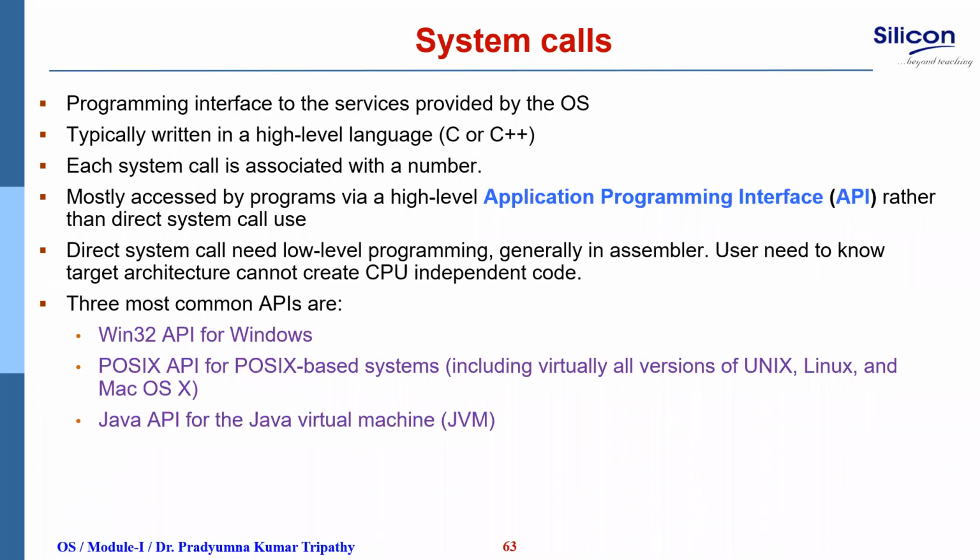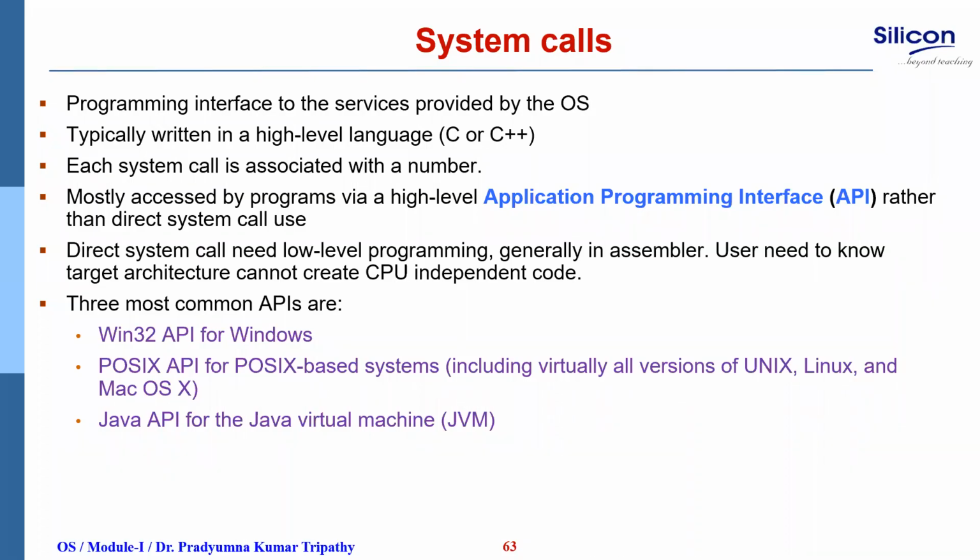Similarly, if I use an API, it makes the code system independent, so it can run on any machine because the API is running on that particular machine. Therefore, direct system calls need low level programming, generally in assembler, and the user needs to know the target architecture and cannot create CPU independent code.